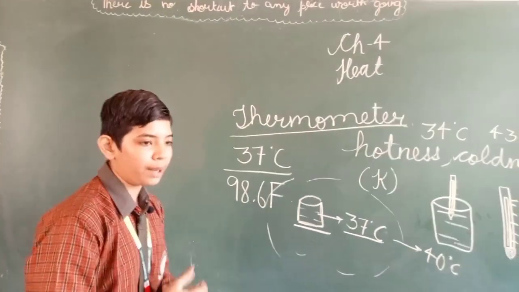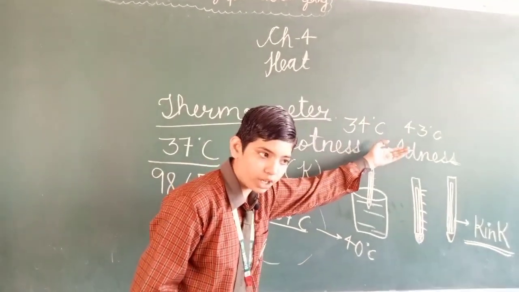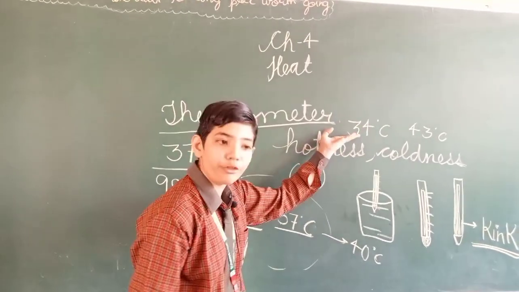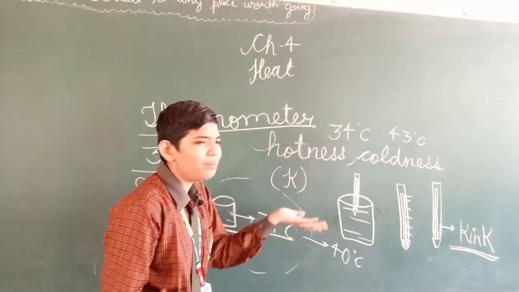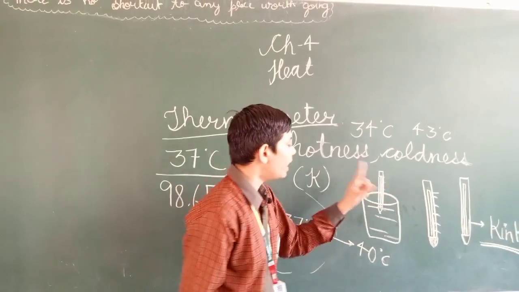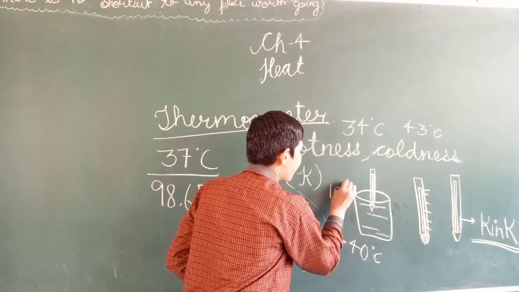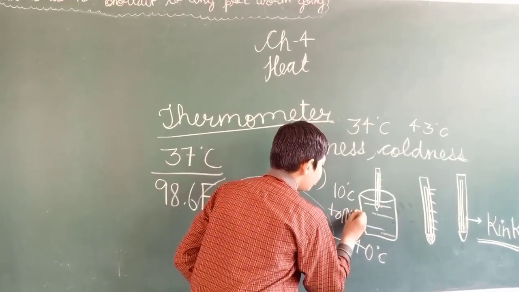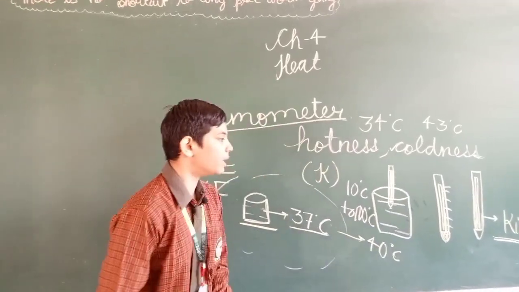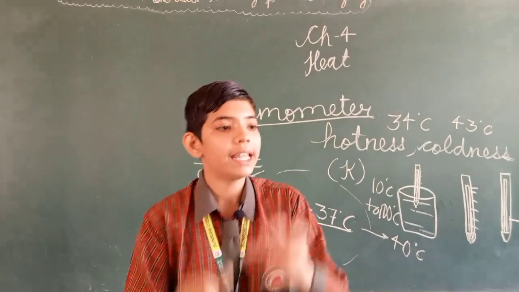But in the lab, there may be many substances whose temperatures are more than 43 or less than 34 degrees Celsius, for example, nitrogen. So the laboratory thermometer has a reading from 10 degrees Celsius to 100 degrees Celsius, so that we can measure the temperature of each and every substance easily.